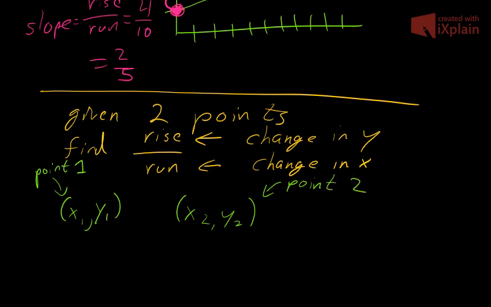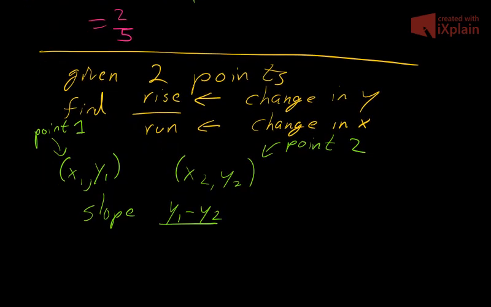And all I got to do to find the slope is I'm going to have to subtract my y's, so that'll be y1 minus y2, because that's my rise. And then I'm going to have to subtract my x's, which is x1 minus x2, because that's going to be my run. And that right there is going to be my slope. That's my formula for slope.